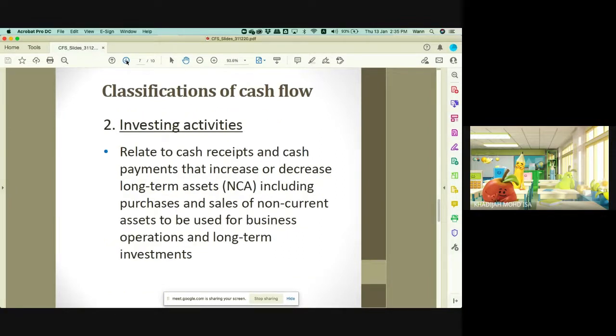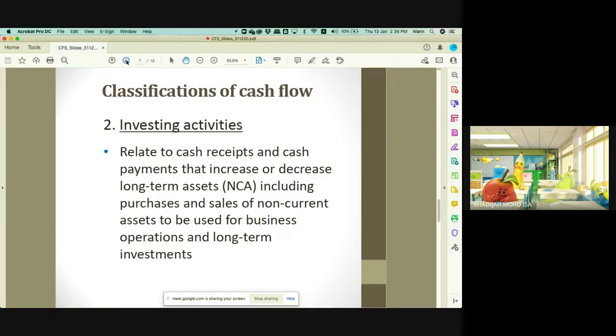For the investing activities, this is the second category of your cash flow. Remember, you have three classifications. You're going to classify into operating, and the second one is investing, or what you call investment. So anything with regard to cash receipts and cash payments that increase or decrease your long-term asset, in other words your non-current asset.